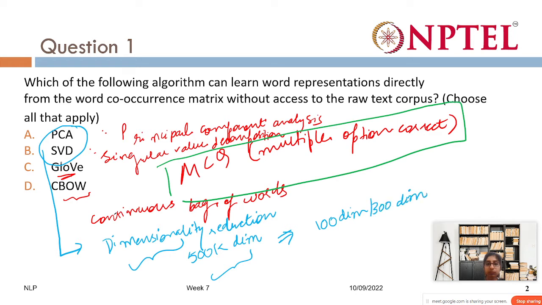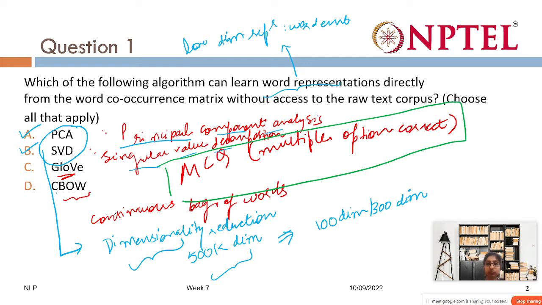In that case, you can apply these two techniques, where PCA refers to principal component analysis and SVD refers to singular value decomposition. The goal of word representations is to learn a low dimensional representation, which we also call the word embedding. So these two techniques can be easily applied, A and B.